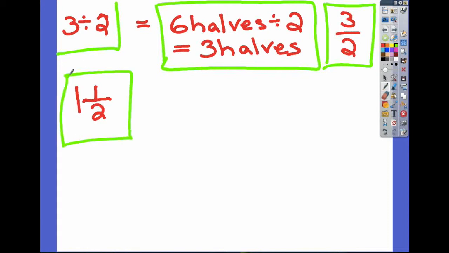And today they've added one more step to this. How do you think we're going to solve it using standard algorithm? Divide it. Now, we've already said that a fraction is the same as a division problem.